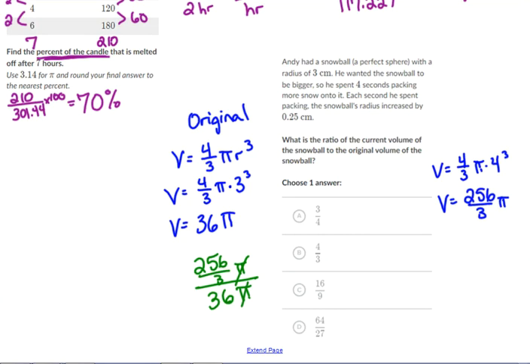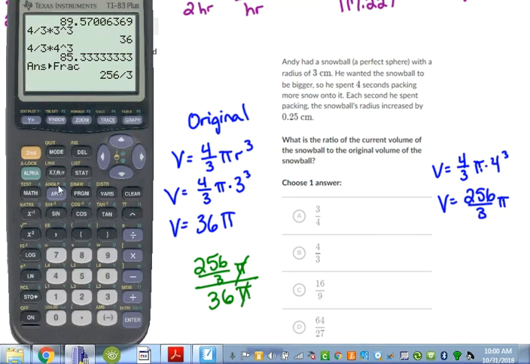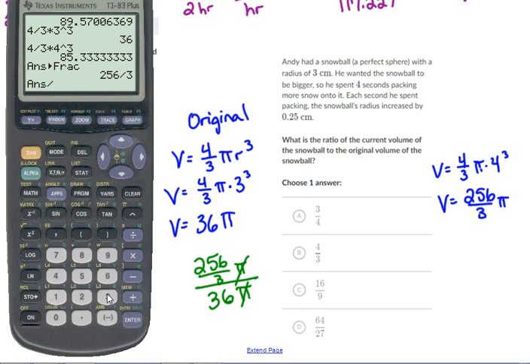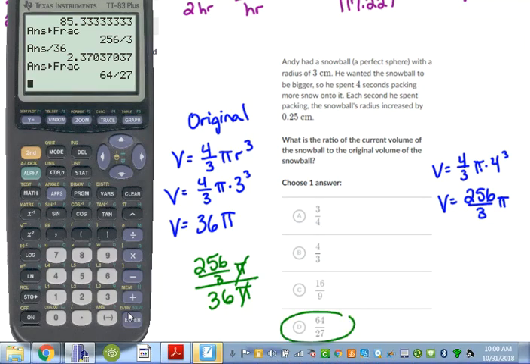The pi's cancel. So it's just 256 over 3 over 36. Turn that into a fraction. 64 over 27. 64 over 27 is the ratio of the current to the original.